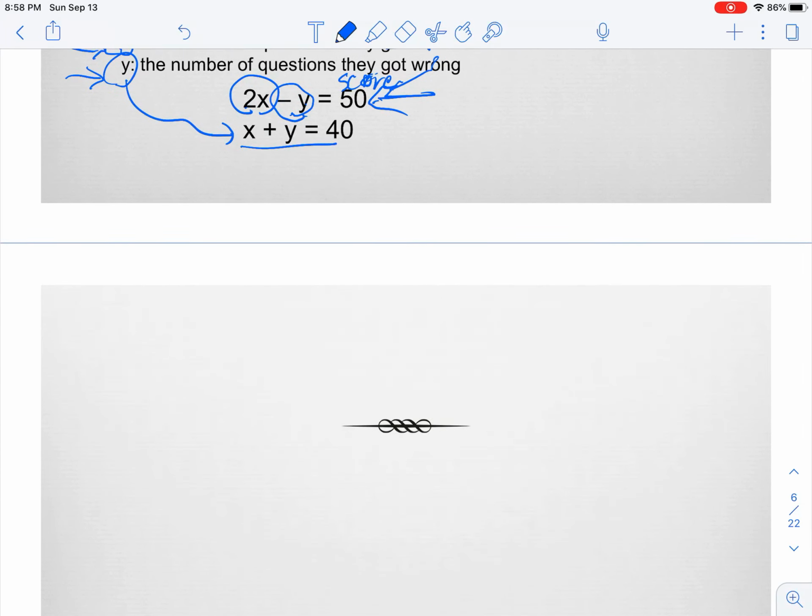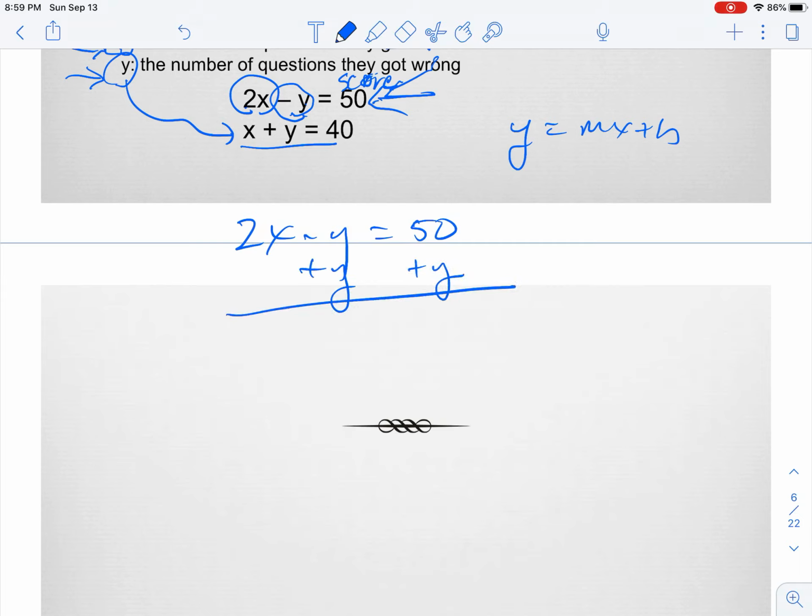So let's try to solve it. Remember, using our graphing calculator, we need to have it in slope-intercept form. So I'm going to take 2x minus y equals 50, and I'm just going to add y to both sides, and then I'll be left with 2x equals y plus 50.